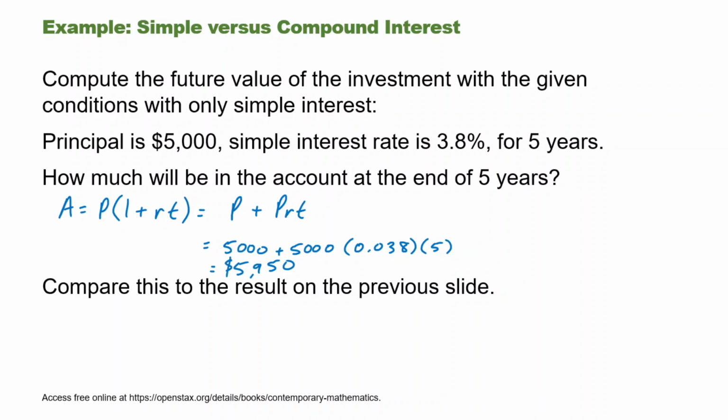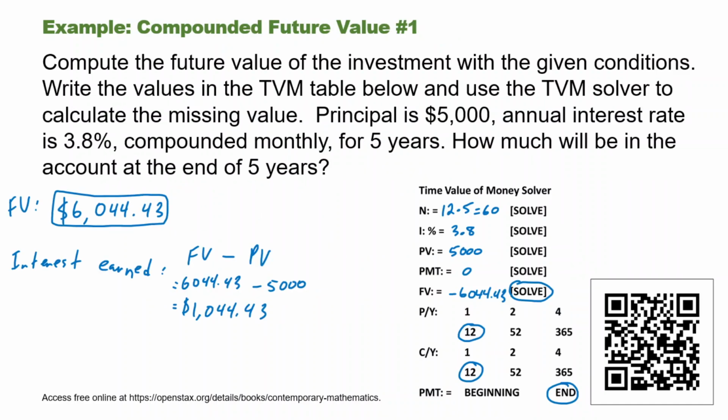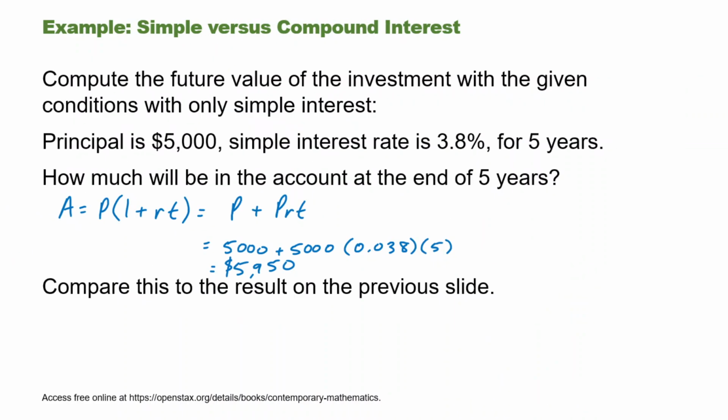So now, of course, our question is to compare this simple interest calculation, same interest rate, same amount of time, with the compound interest. Well, very clearly, compound interest resulted in more money. I say much more, it's less than $100 more, but there is a difference.